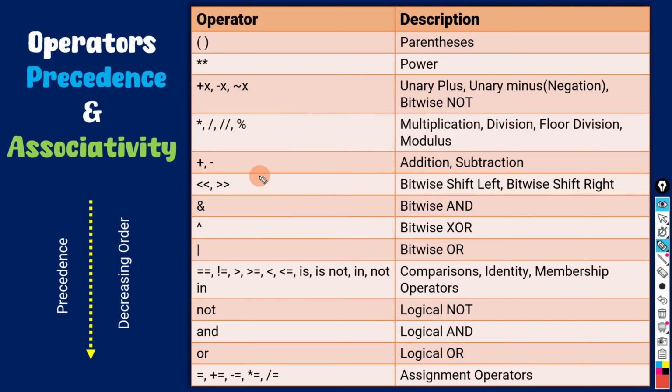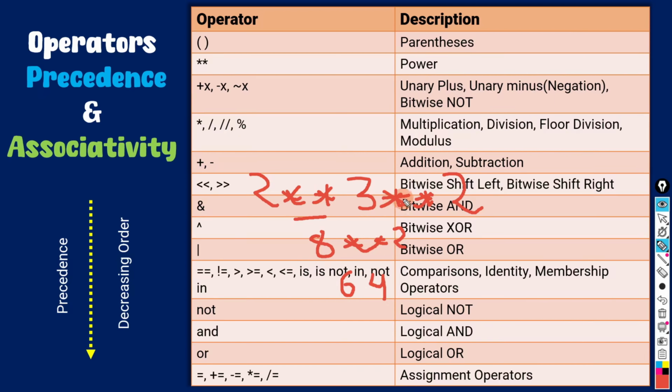Let's try to simplify another expression. Suppose this time we are calculating 2 to the power 3 to the power 2. Now if we first perform this power operation, we will calculate 2 to the power 3, it will give us 8. Next, if we perform this power operation, which is 8 to the power 2, it will give us 64.